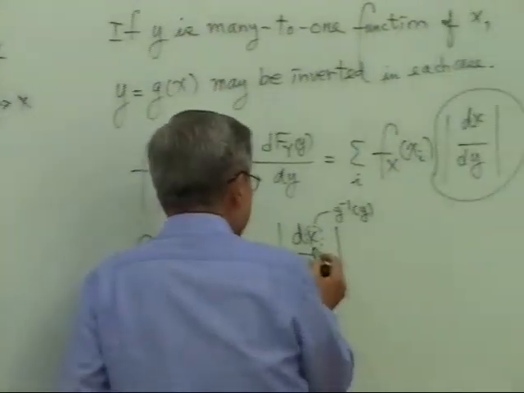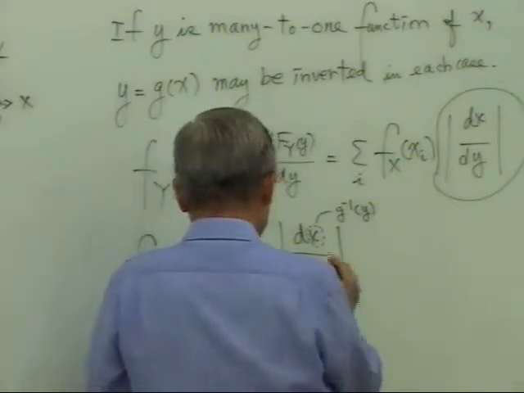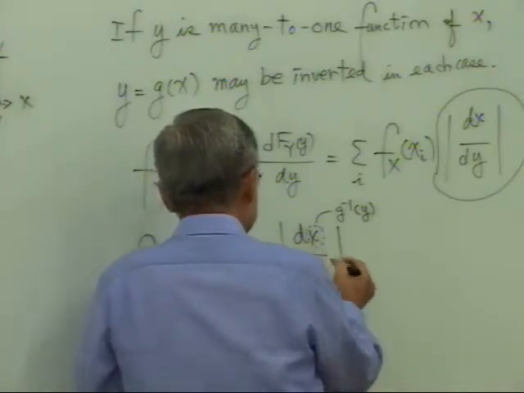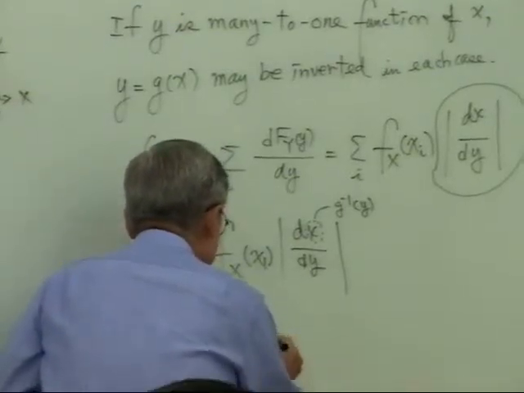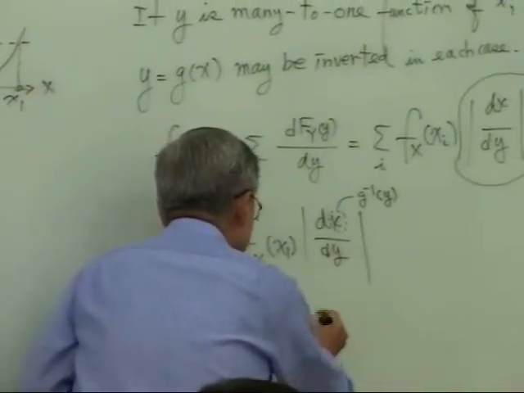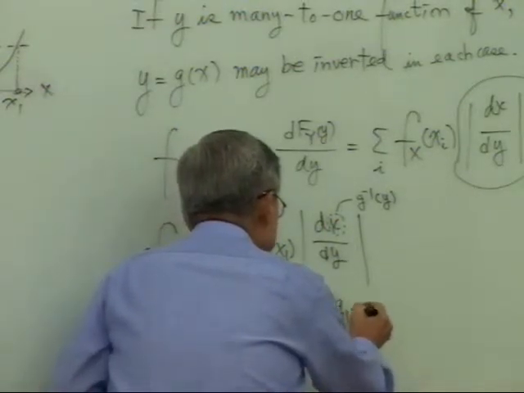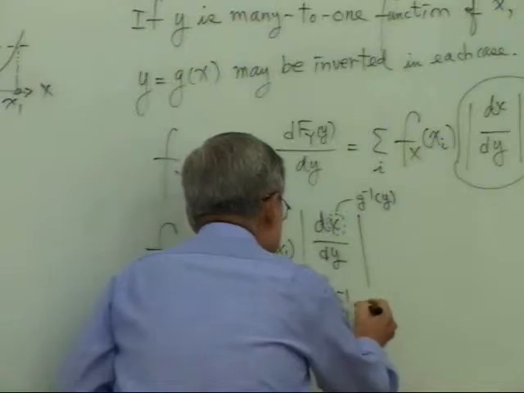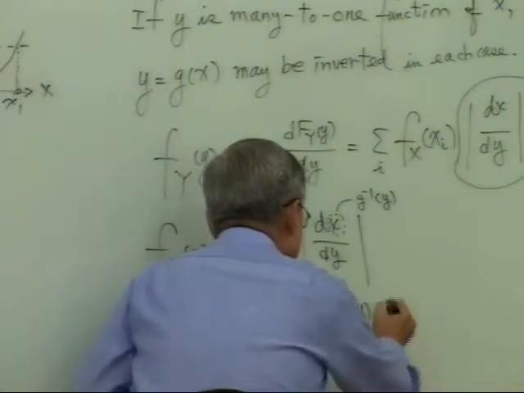So this is f_X(x1) d g1 inverse of y over dy.